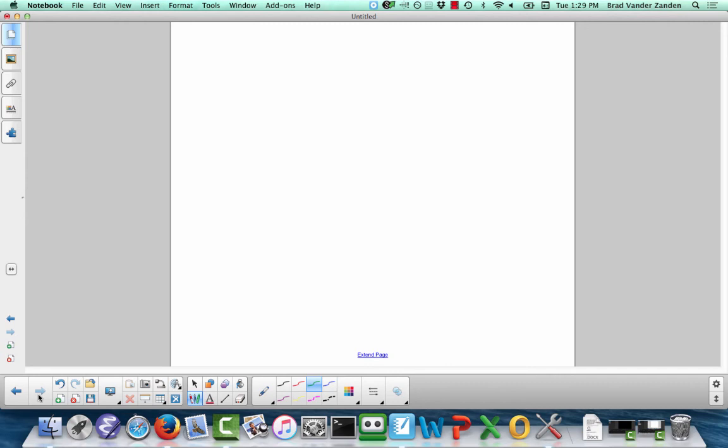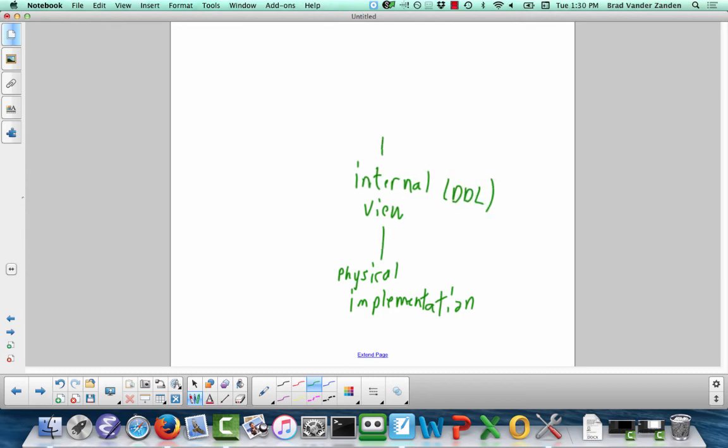We had four layers: physical implementation, internal view, which was the DDL, the conceptual view, which was the data model, and the user views.